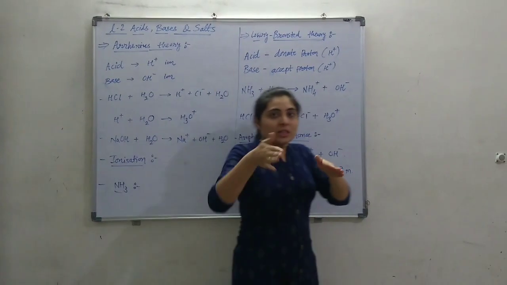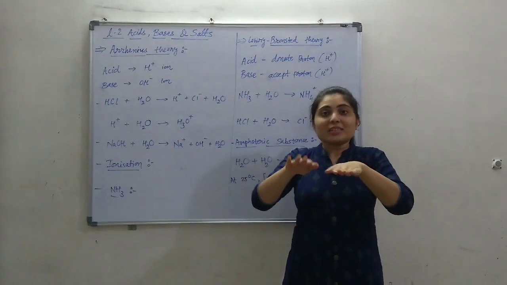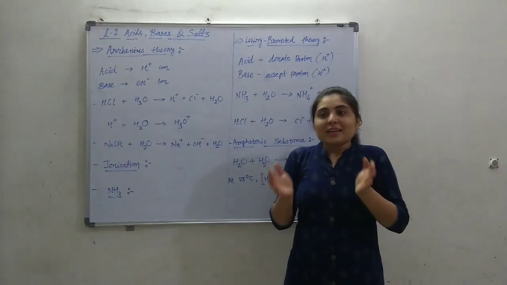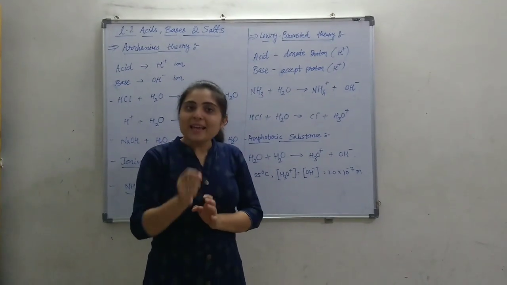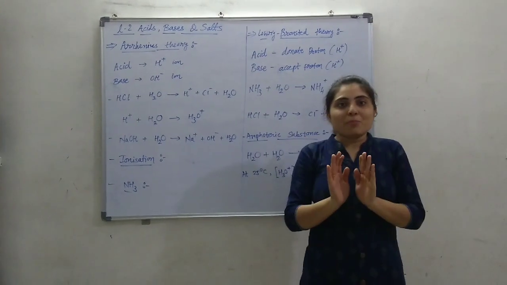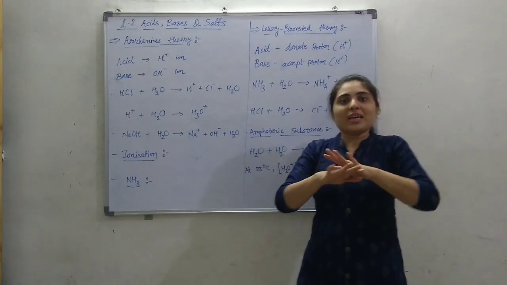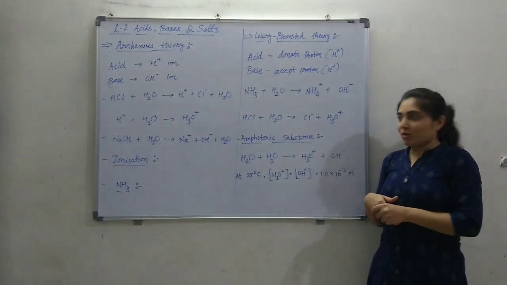That's why H plus and OH minus are in a balanced state, equal numbers. That's why it is not showing any nature, not acidic, not basic. So pure water is completely neutral in nature. It has H plus and OH minus ions, but in equal numbers.